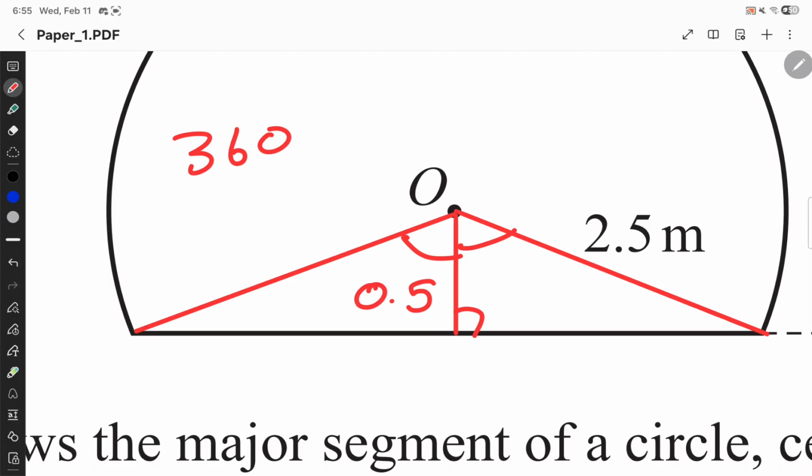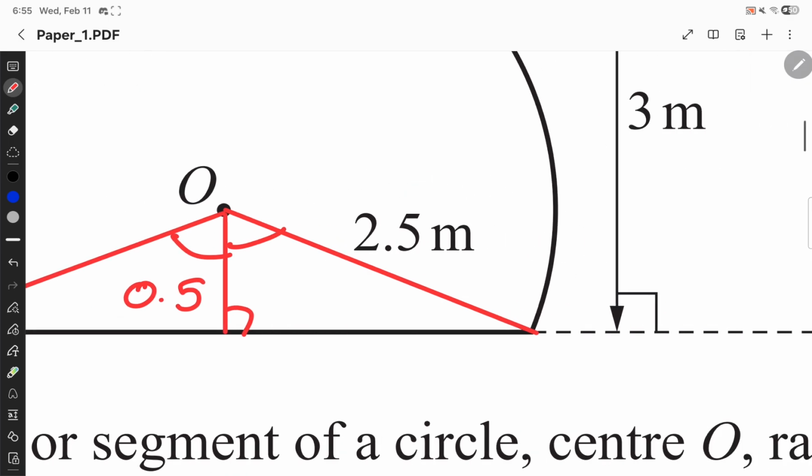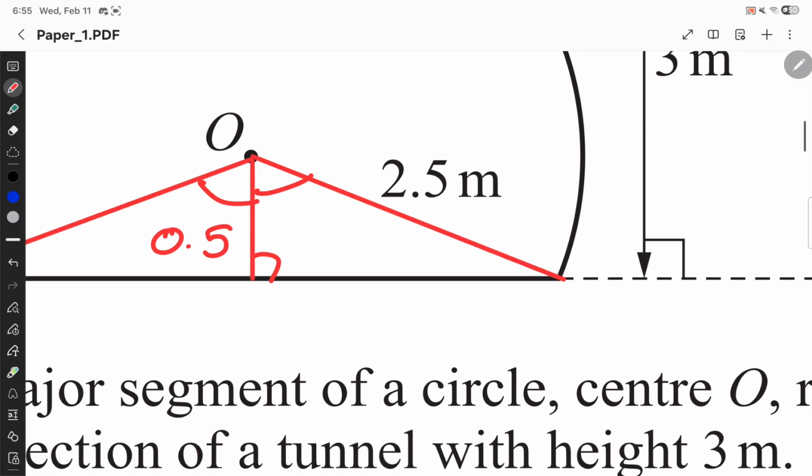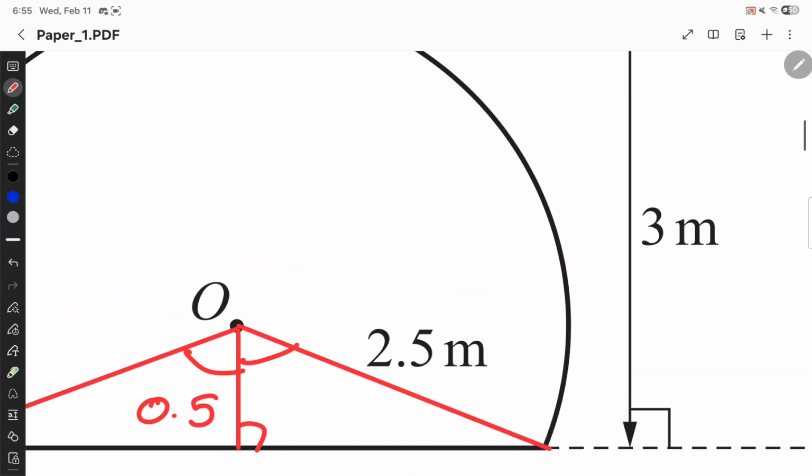Then from 360, the total angle, we can minus these two angles to get our desired angle for the sector. So, let's rotate the triangle for this to look good. I will just rotate it here so that you guys can see and do not need to rotate your head or the monitor.